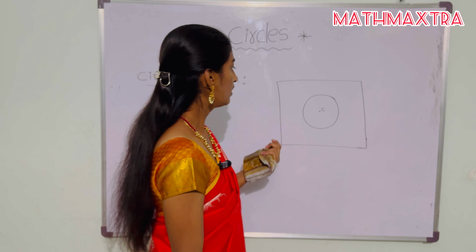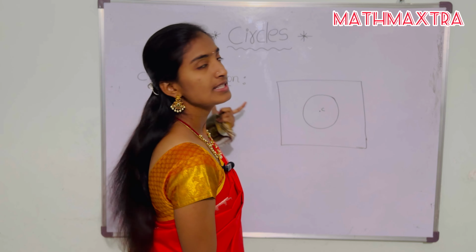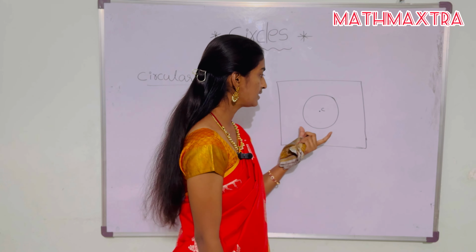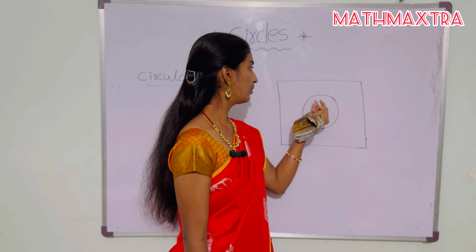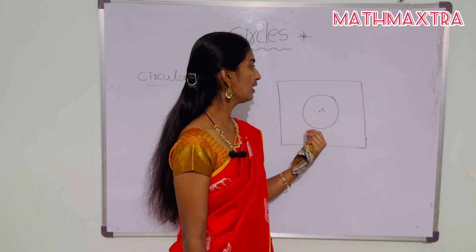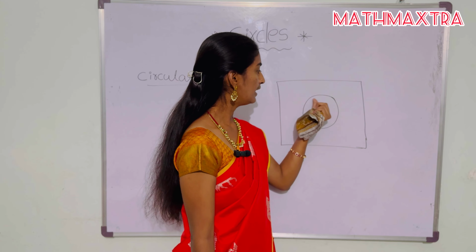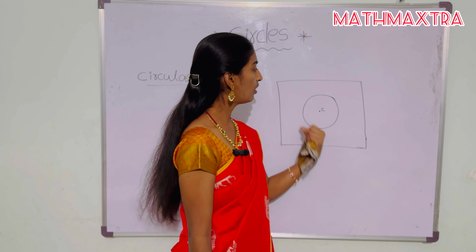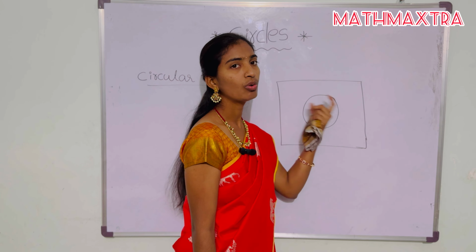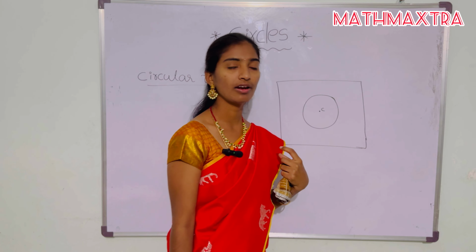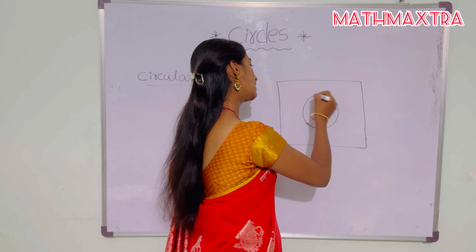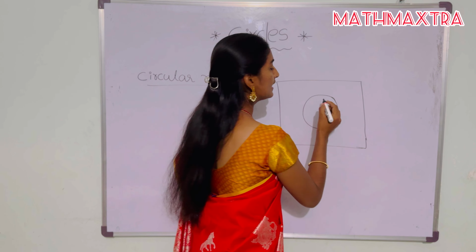Now, what is a circular region? A circular region is nothing but the interior of the circle and on the circle. The points which are interior of the circle and on the circle, we call that total region a circular region: a circle along with its interior.